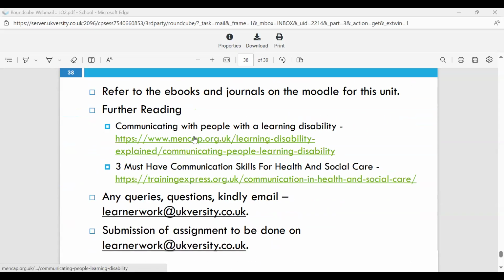This is some further reading. There was one on communicating with people with learning disability, and 3 must-have communication skills for health and social care. The links are there. Have a read of them in your own time because they're quite interesting on how to learn about communication with people with learning disabilities as well.